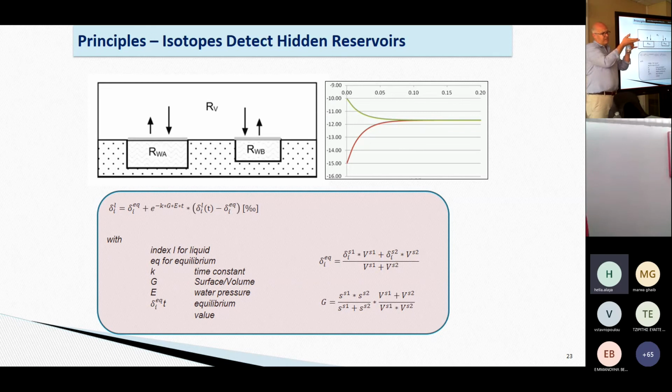Yeah, when you have a very flat, it's much faster. And then the temperature plays a role, of course, the pressure, but the key is the surface volume reservoir. How can we use this? We could use this, for example, to estimate vapor water surfaces in karst systems. So we cannot look into them in soils. So I think just the physical process is interesting because it gives us tools to work with. Yeah?